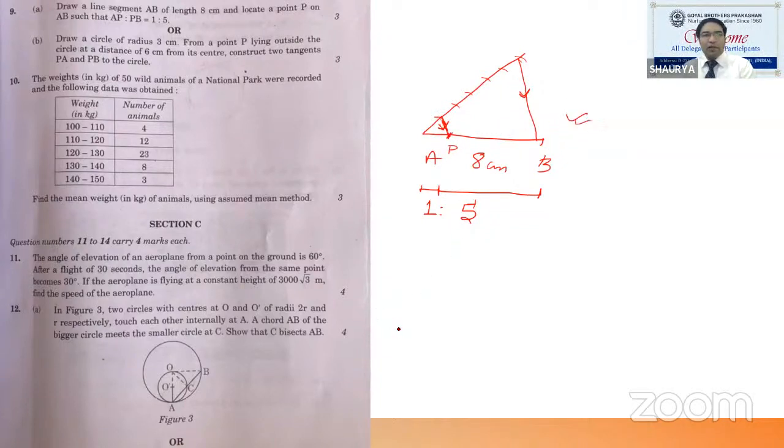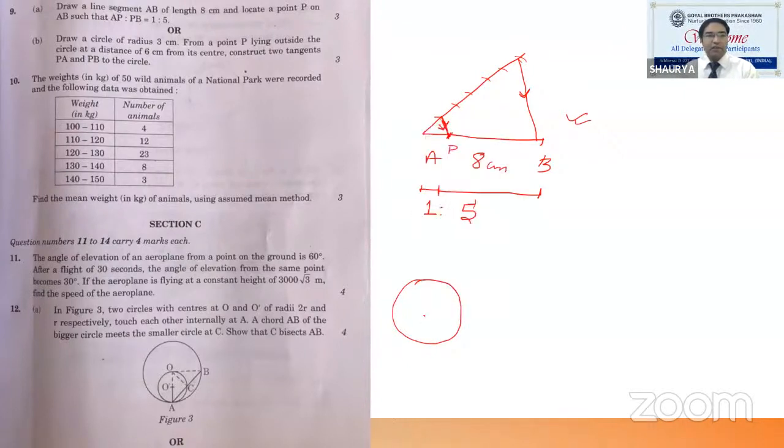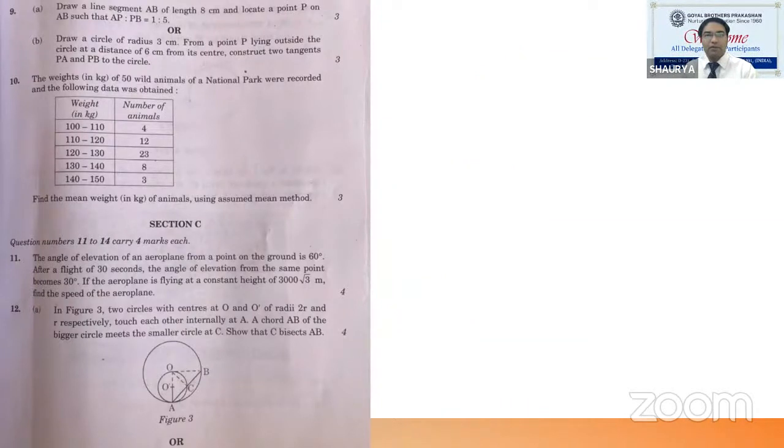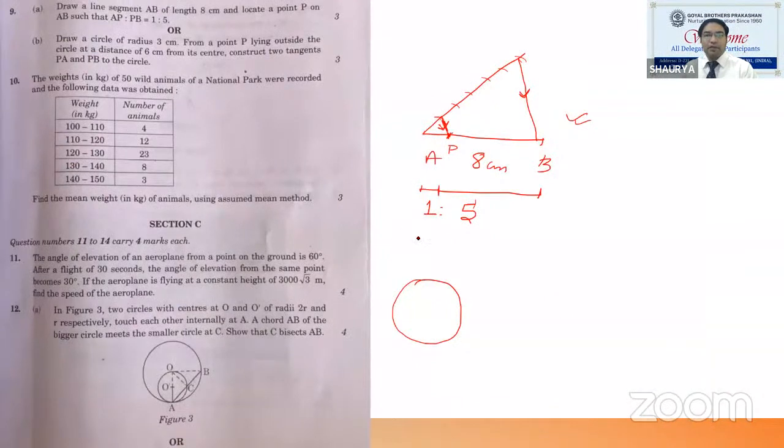The OR part is also a question from construction. It says we have a circle with center, with radius 3 centimeter. We have a circle of a given radius which is 3 centimeters.